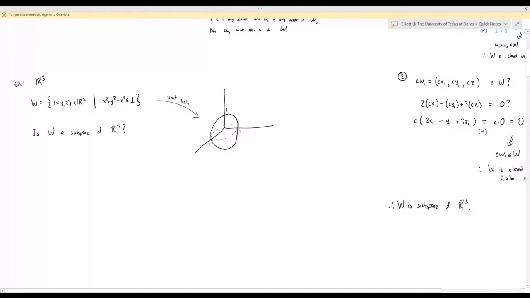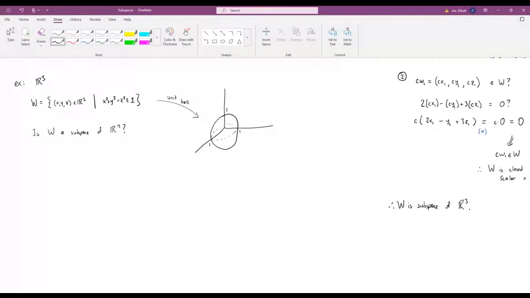Okay, so in this case, W is not going to be a subspace, all right? There's many different arguments for why it would not be a subspace. Let me give a visual argument first.